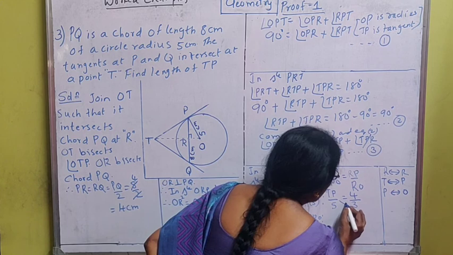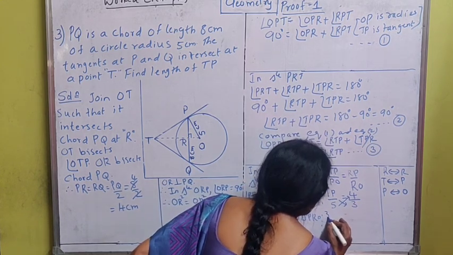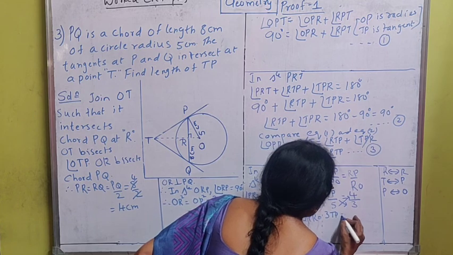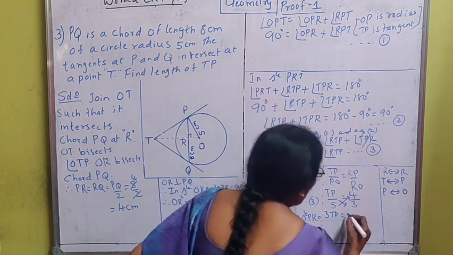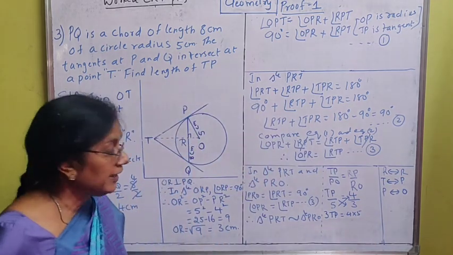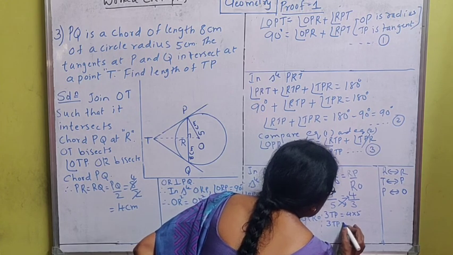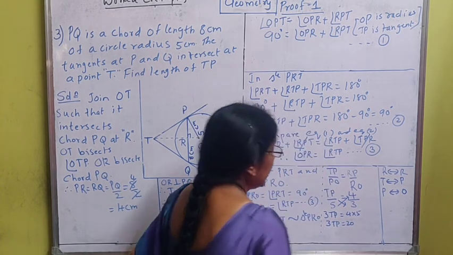So we have to do cross multiplication. That means 3 TP is equal to 4 into 5. What is 4 into 5? 20. So what you will get? 3 TP is equal to 20.